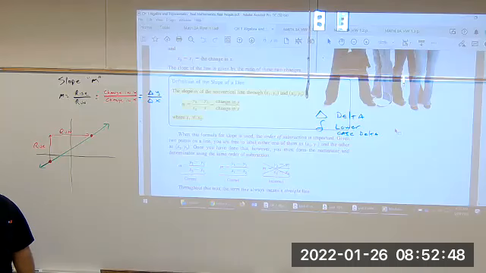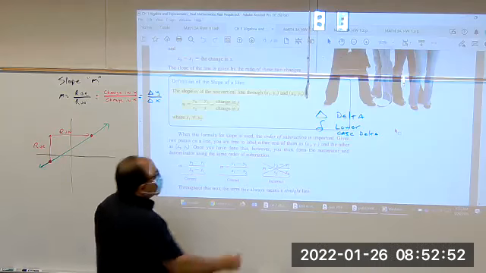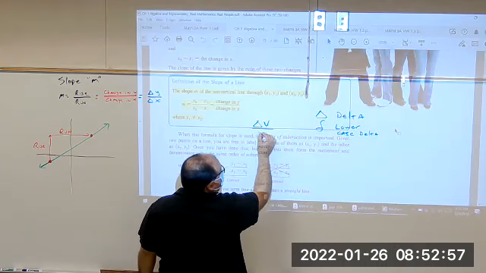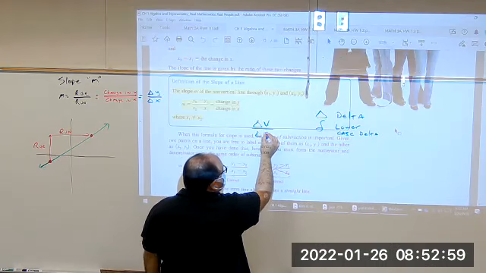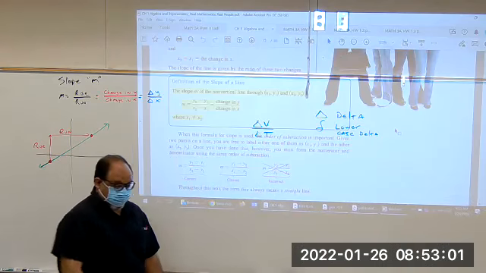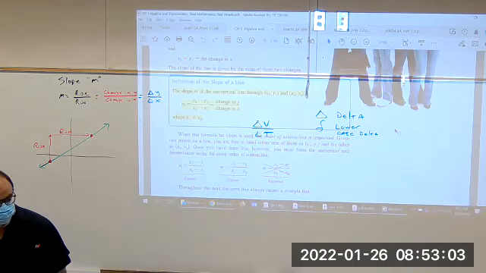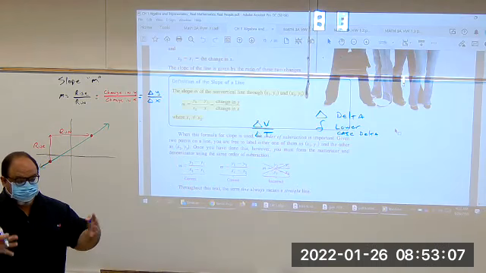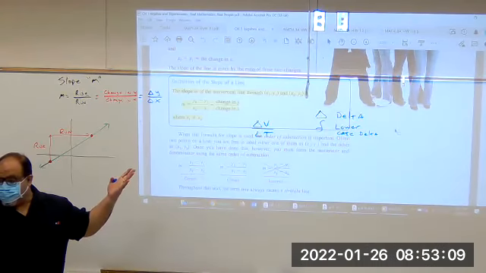So delta is change. If you're in chemistry, you'll see delta V over delta T, the change in volume divided by the change in temperature. If temperature increases on a gas, the gas gets excited, so pressure goes up.